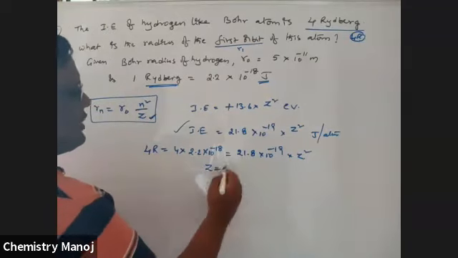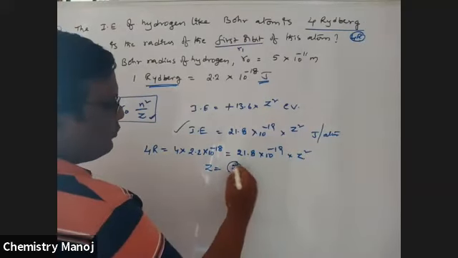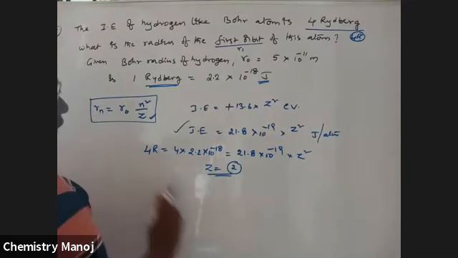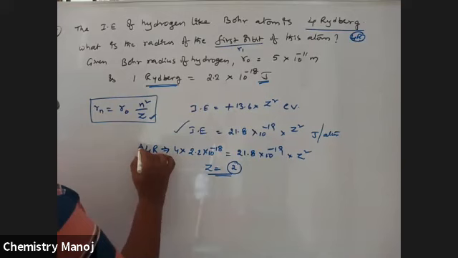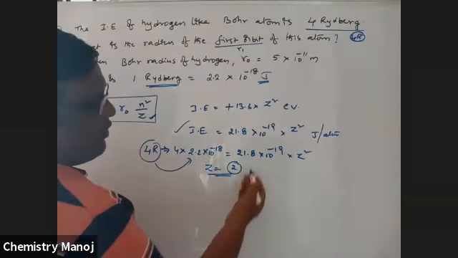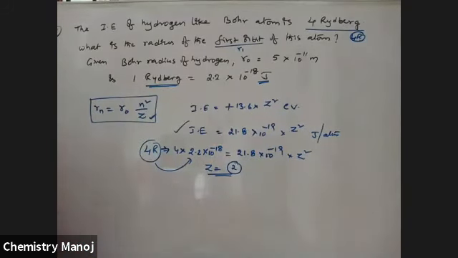So from that, how much is the z value? After calculation, z is equal to 2. These two are equal, 4 Rydberg is equal to this much, and the ionization energy is given to you. So z is equal to 2. Substitute this z value here.